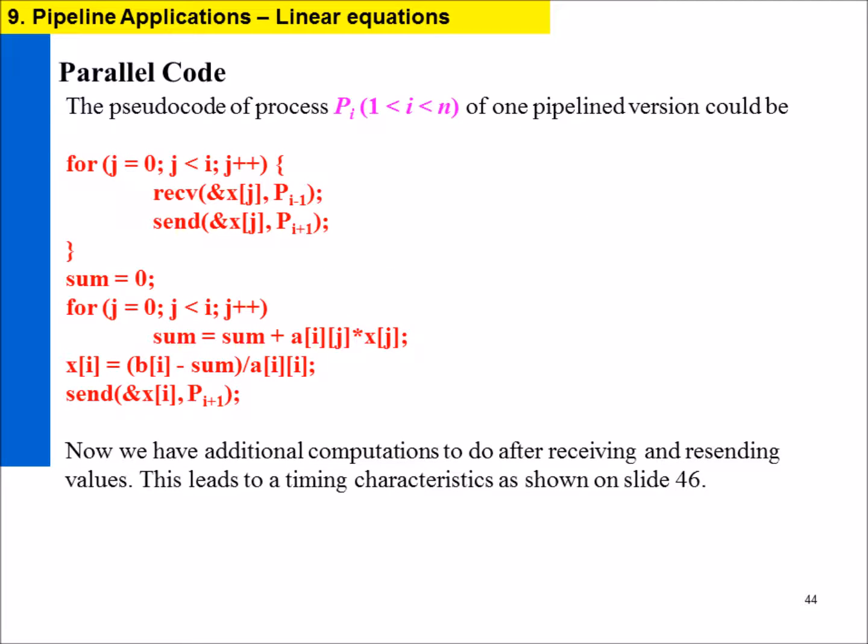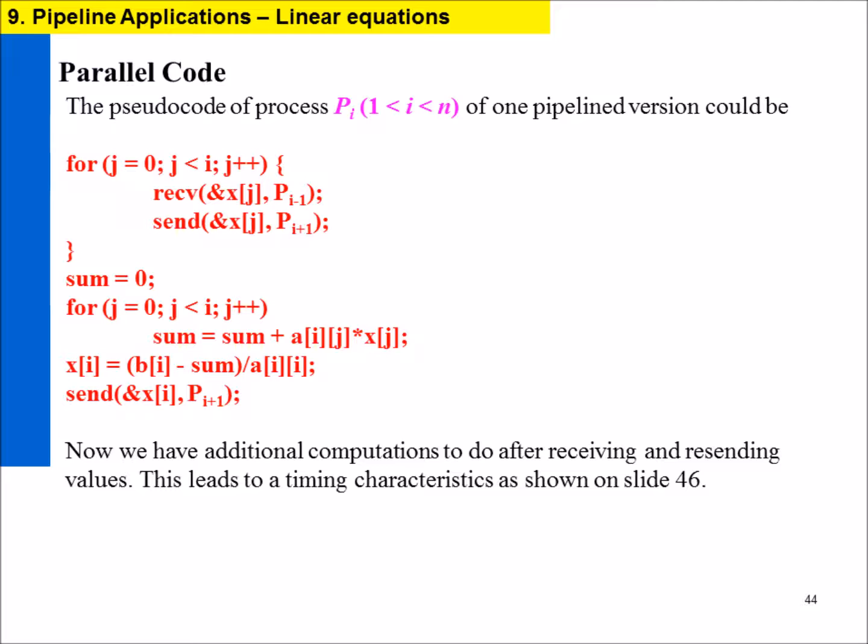Now let's look at the algorithm for the pipeline version. For the ith process between 1 and n, you have the loop j equals 0, j less than i, and then receive from the previous process the xj's, and then we send on to the next process.